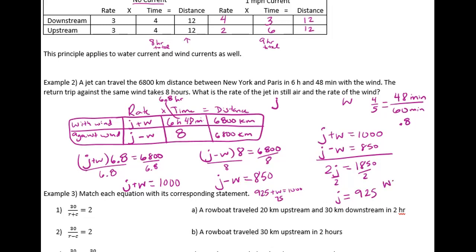So the wind is 75. Now we go back and look, we had kilometers and hours, so that would be in kilometers per hour, and 925 would be in kilometers per hour. So the rate of the jet in still air is 925 kilometers per hour. The rate of the wind is 75 kilometers per hour.